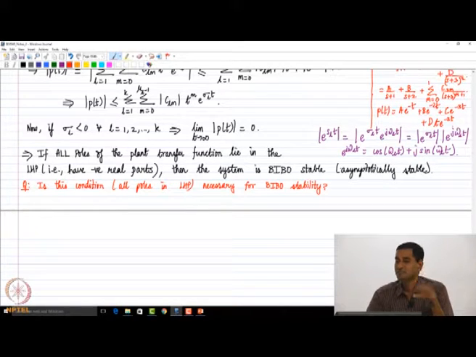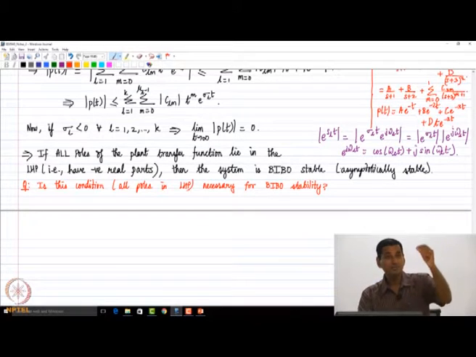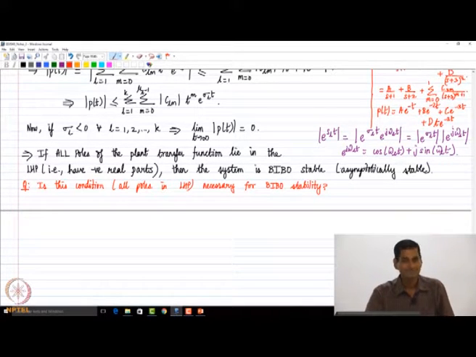See, to disprove BIBO stability, I need to figure out only one bounded input for which the output is unbounded. We have already shown it, okay? Whether we call it critically stable, marginally stable, or whatever it is, we found that it violates the BIBO stability definition. And if you have a pole in the right of the plane, you give me any bounded input, the output will be unbounded.